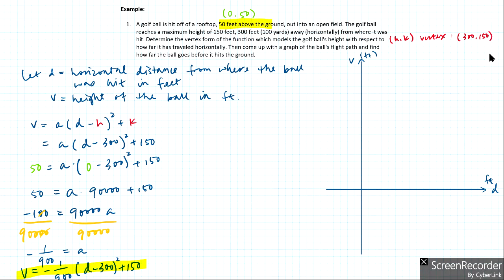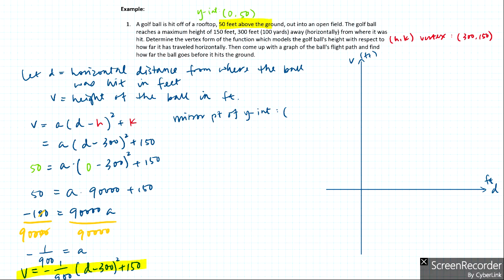So we can use this information to help us find the mirror image of the y-intercept over here. So when we have 0, 50, this is going to be the starting point for the path, which shows the y-intercept. If we want to find the mirror image of the y-intercept, that can be one point that we can use as a special point.